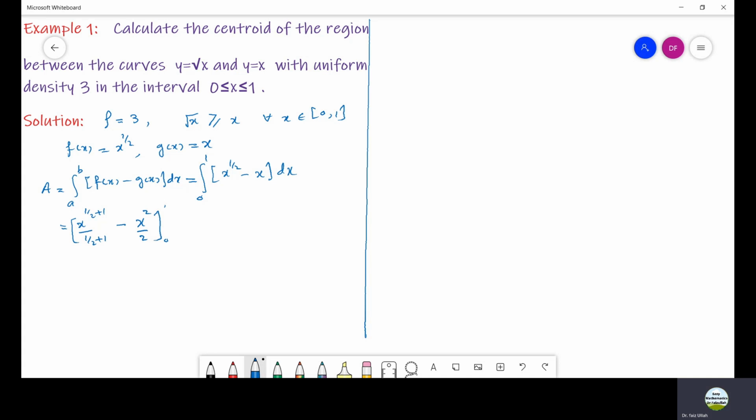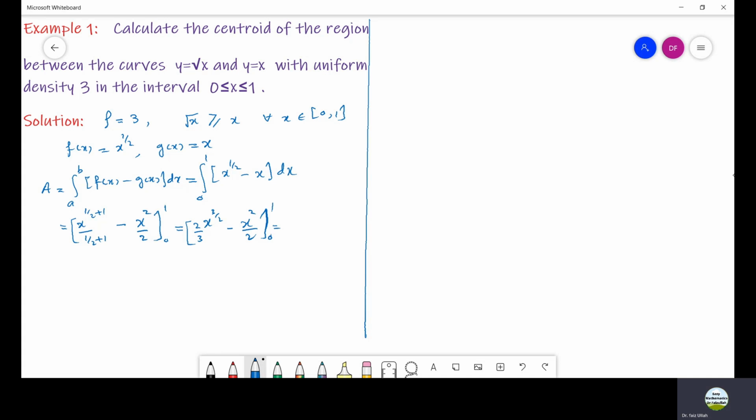Limits are from 0 to 1. From here we get x power 3 by 2 divided by 3 by 2, so it will become 2 by 3, minus x square divided by 2. The limits are from 0 to 1.